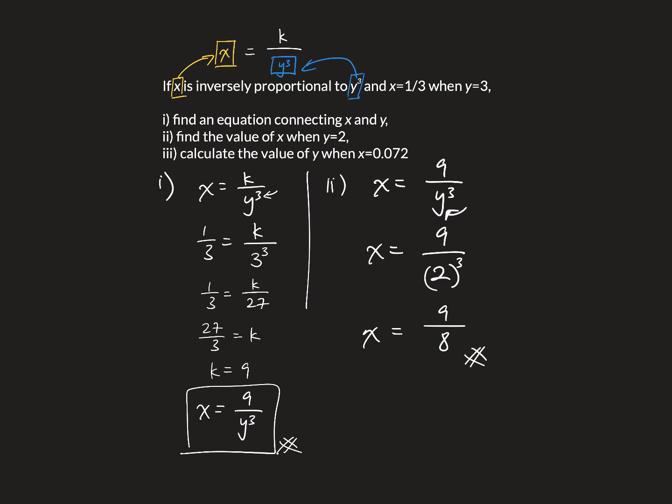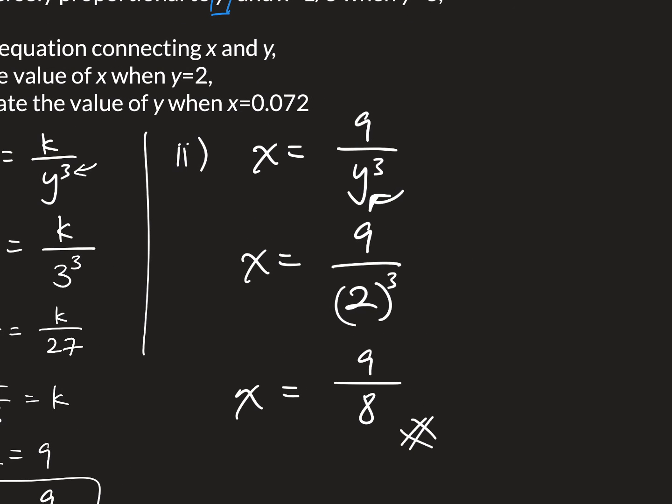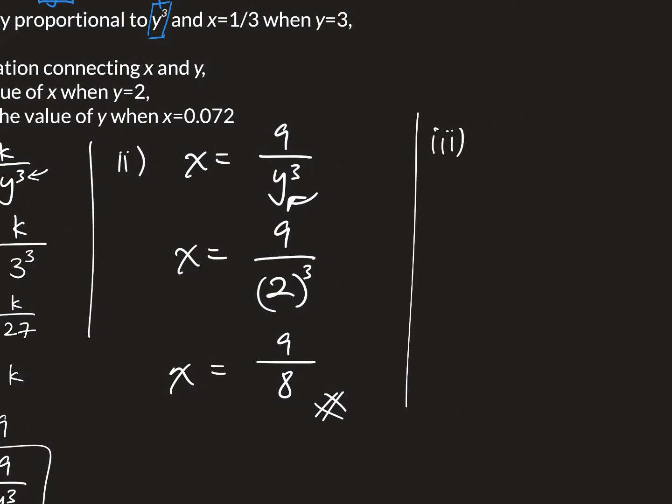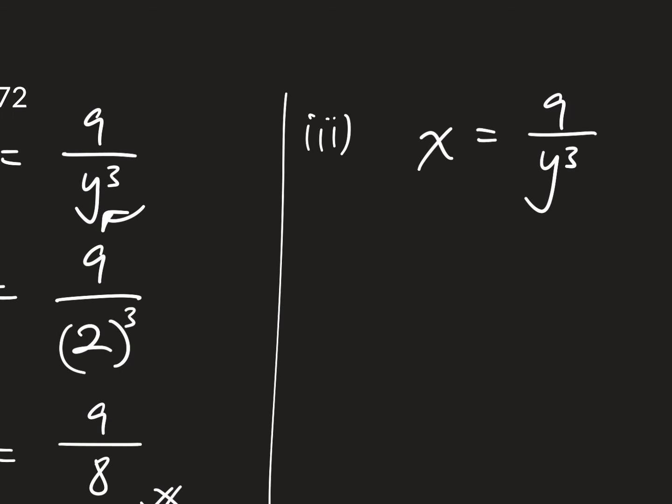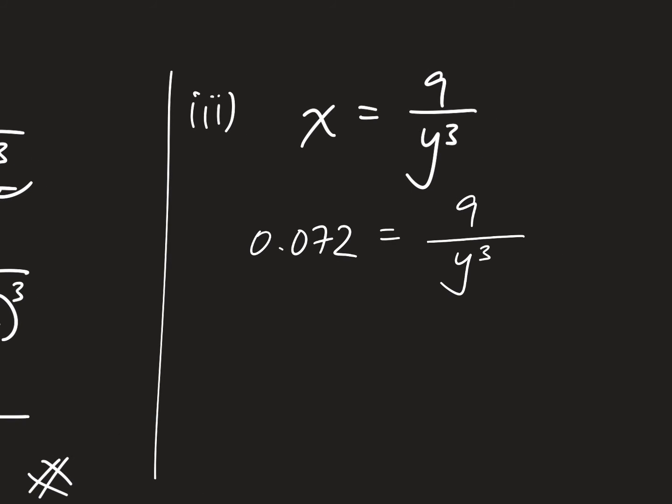So let's do part iii now. The value of y when x is 0.072. And so let's start with the equation once again. That is the relationship we always go back to. X is 0.072, so we substitute it in. 0.072 is x, over y cubed. We want to solve for y. So you know what?